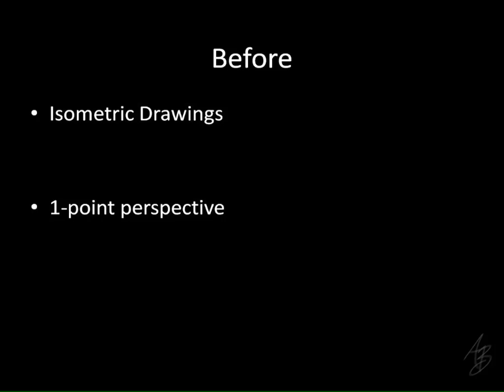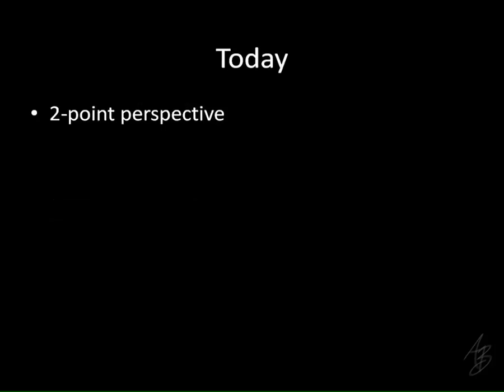What we're going to move into next is going to be 2 point perspective. Anyone want to guess what 2 point perspective means? There's 2 points for you. Okay, so we're going to have 2 vanishing points that we're going to use, at least 2 primary vanishing points.